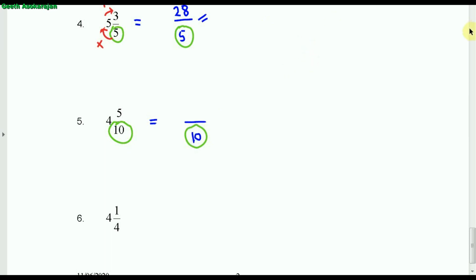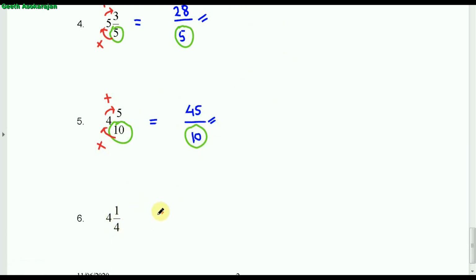Next step is, so step number 2, I multiply the 10 by the 4 and then I add the answer to the 5 on top. So let's get ready to do that part of the calculation. So 10 times 4 is 40. 40 plus 5, 45. And then we're done. So 4 and 5/10 is the same as 45 over 10.